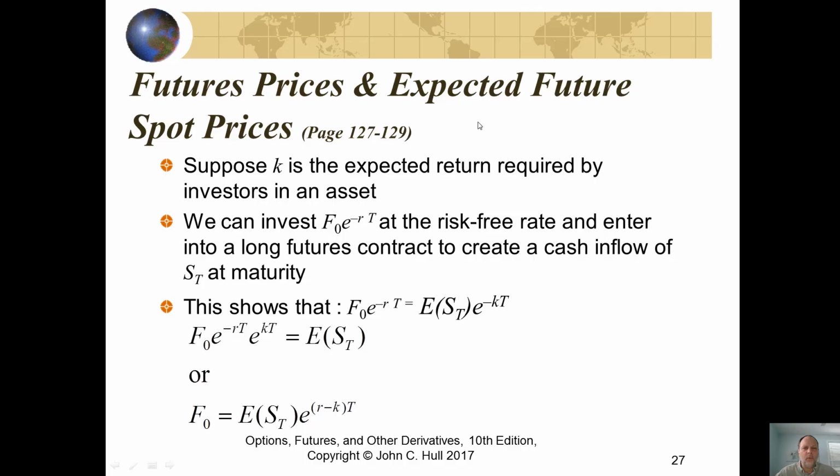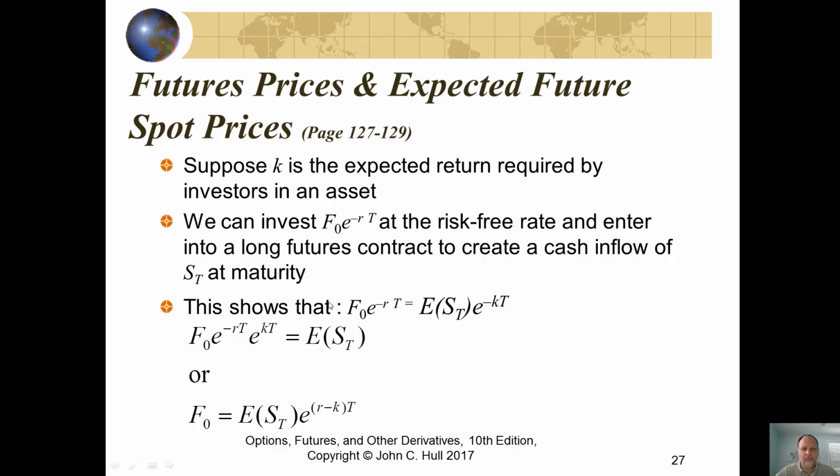We will now ask the question, are futures prices the same thing as expected future spot prices, or what is the relationship between them? And the answer is, it depends on the kind of asset. Suppose that K is the expected return required by investors in an asset. K is just like the K out of the capital asset pricing model. Well, we can invest F naught e to the minus RT at the risk-free rate and enter into a long futures contract to create a cash inflow of S of T at maturity.